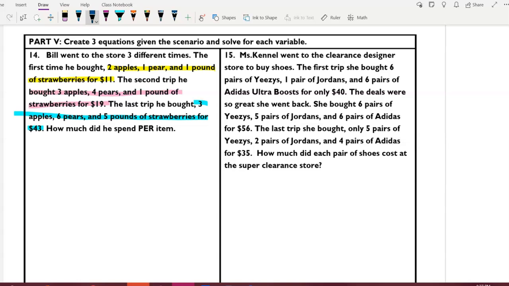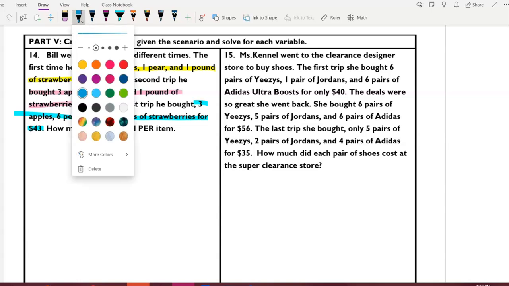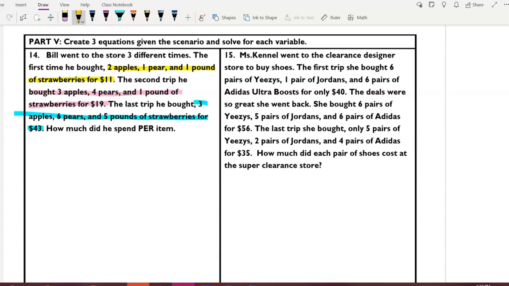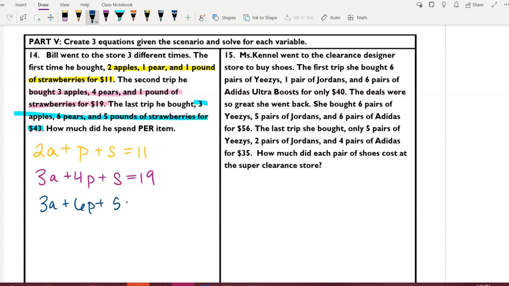Well, first we need to write some equations, starting with the first one. Let's say 2 apples, so that's going to be 2a, 1 pear, p, 1 pound of strawberries, s, equals $11. Next equation, 3 apples, 4 pears, 1 pound of strawberries for $19. And the last one, he bought 3 apples, 6 pears, and 5 pounds of strawberries for $43.